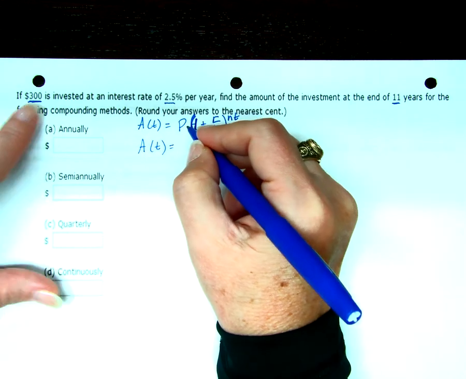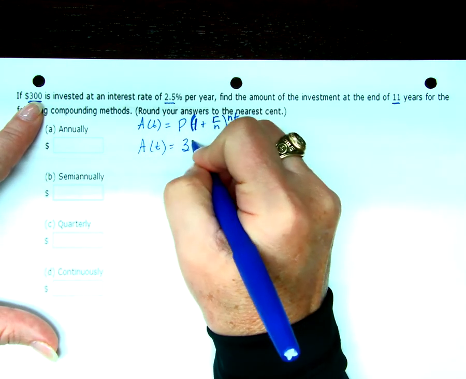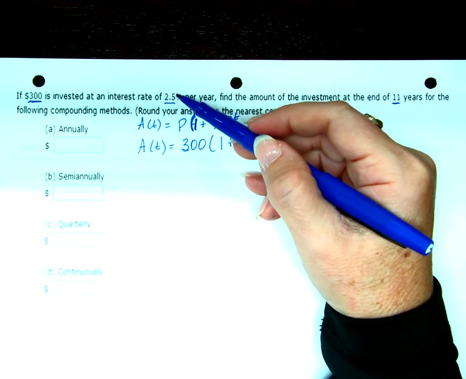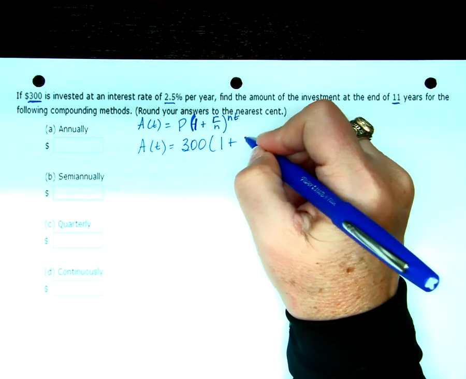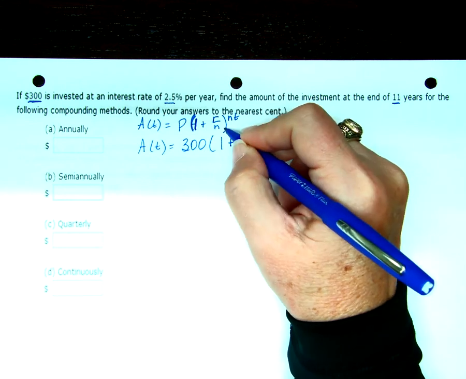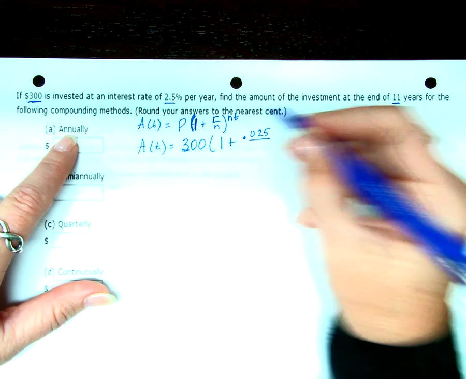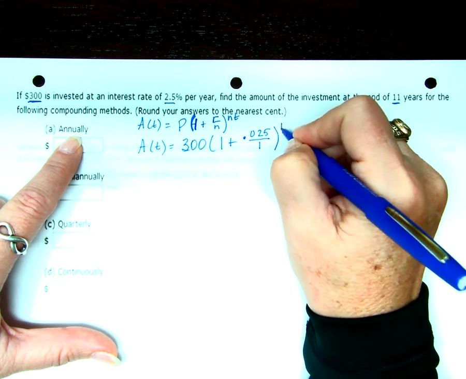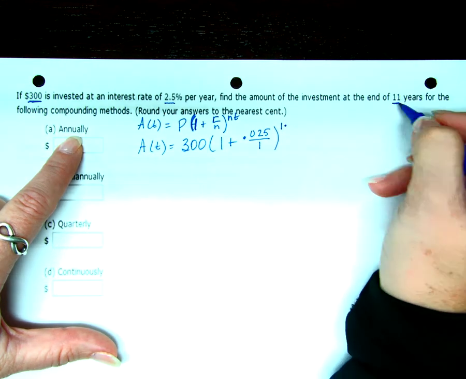We start with $300, 1 plus the interest rate, which is 2.5%. We've got to take that to its decimal, which is 0.025, over the number of times per year it's compounded. This time it's annually, so that's a 1, raised to the 1 times t power, which is 11.